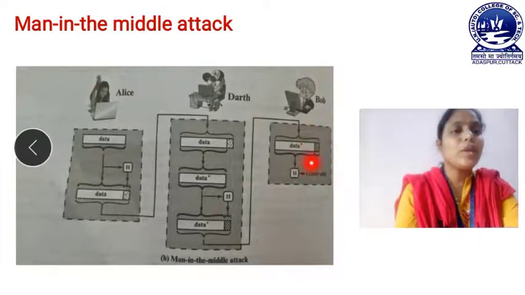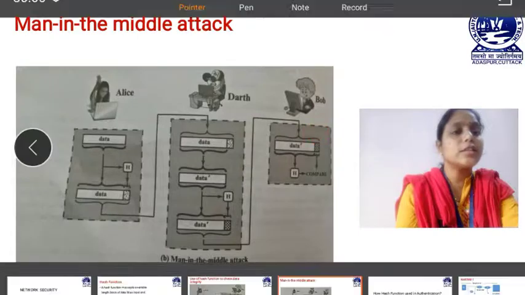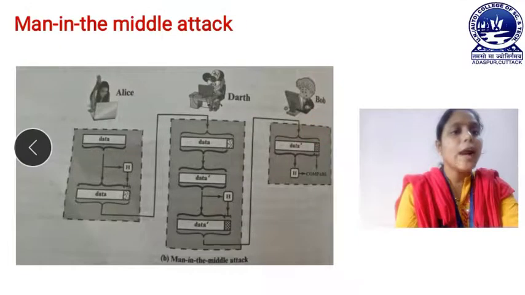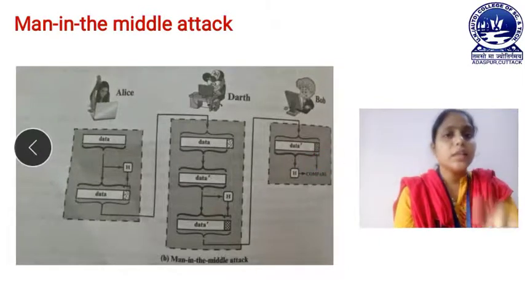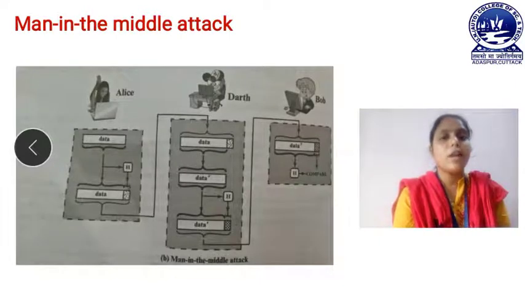Here the calculated hash value and the appended hash value are both the same, because Darth takes the new data value, uses it to change the hash value, and appends the new data with the new hash value, so that Bob cannot identify whether this data is coming from the authenticated sender, that means Alice, or not, because both hash values are the same. This is the middleman attack in our hash function.